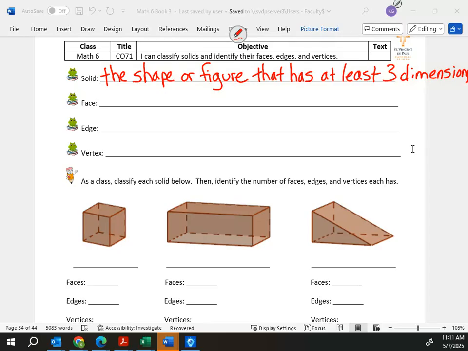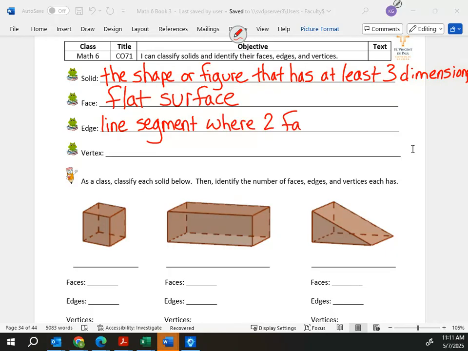The face is the flat surface of our solids. So it's that side. An edge is the line segment where 2 faces meet.